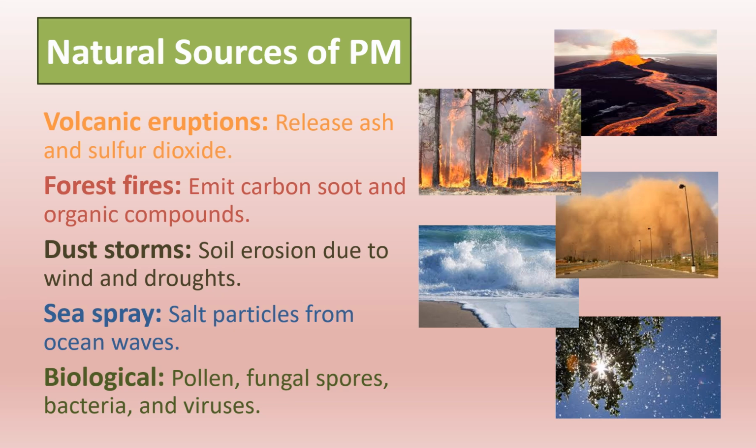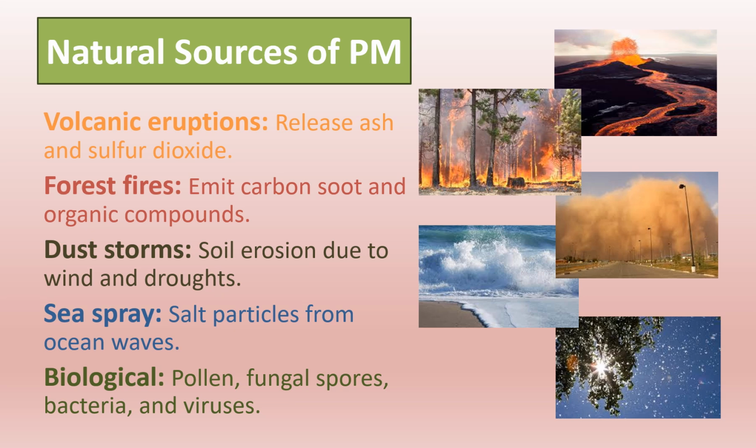Particulate matter, PM, comes from both natural and human-made sources. Let's explore some of the key natural sources. Volcanic eruptions release ash and sulfur dioxide, contributing to the presence of larger particles in the air. Forest fires emit carbon soot and organic compounds, creating fine particles that can travel long distances.